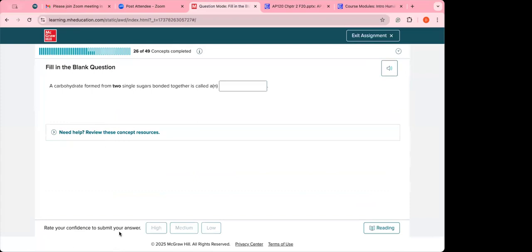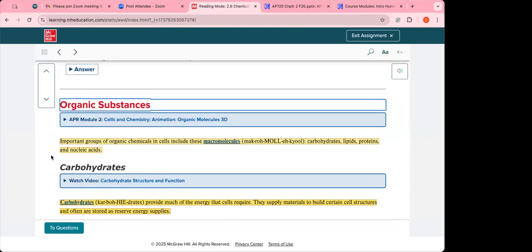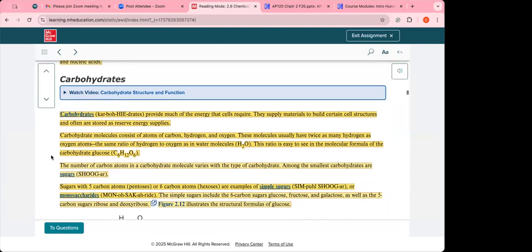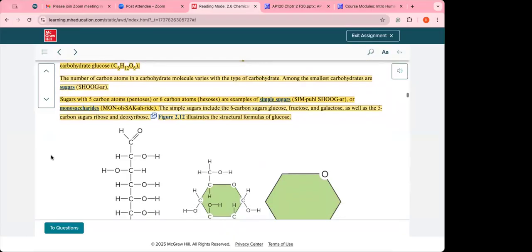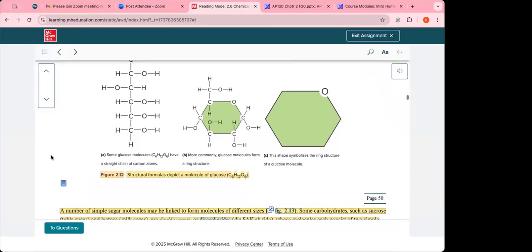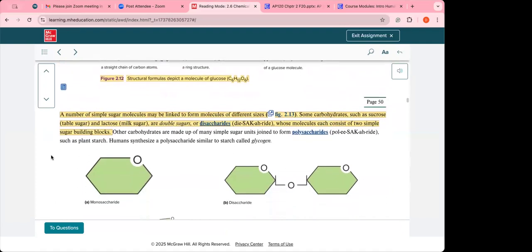A carbohydrate formed from two single sugars bonded together is called a what? Okay, scroll down. You need to find the two sugars. That's a monosaccharide. That's a single sugar. When it has two, it's called, it's right here.